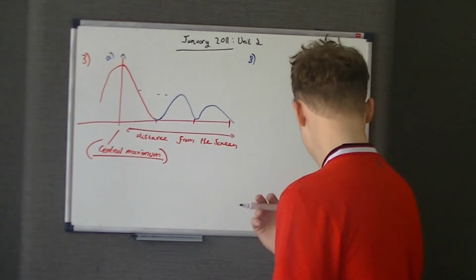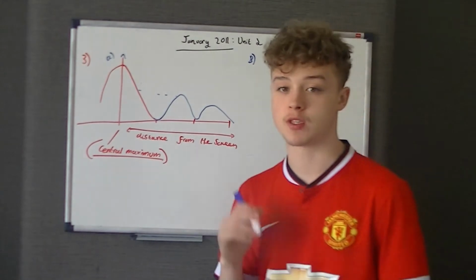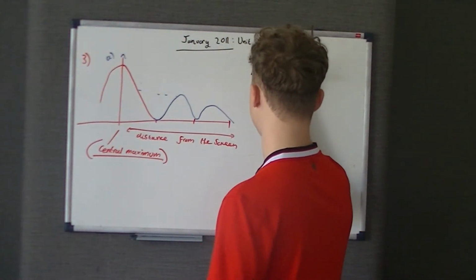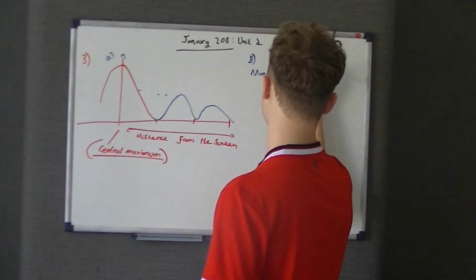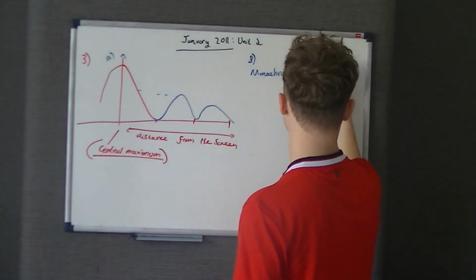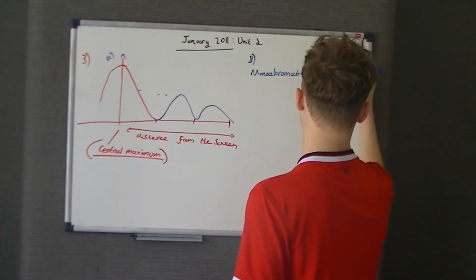State what is meant by monochromatic light and coherent. Now monochromatic light is light of a single wavelength. I can't really explain more than that.